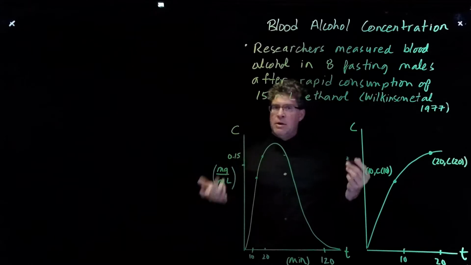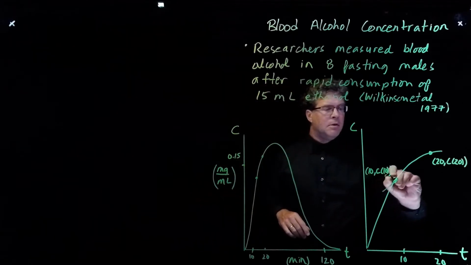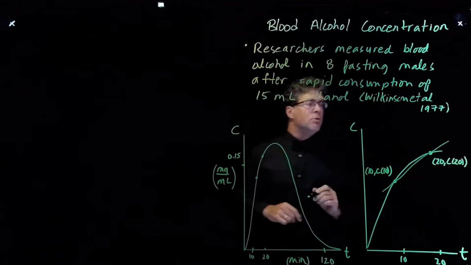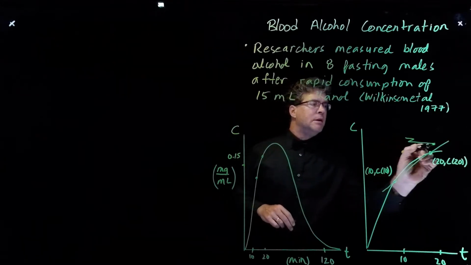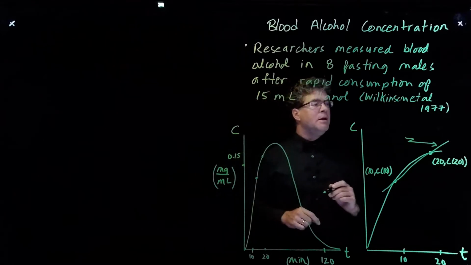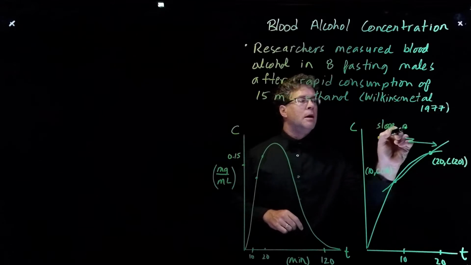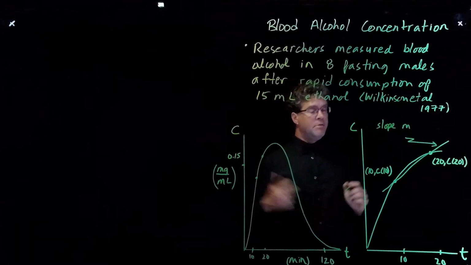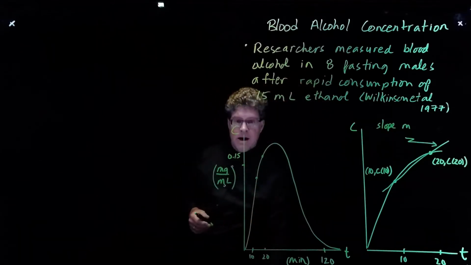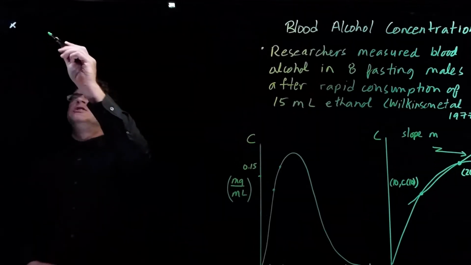And if we wanted to know how quickly they were increasing, we'd draw a secant line through the points (10, C10) and (20, C20). And then we'd look at the slope, m, of the secant line. So let's go ahead and write that up. This would be the average rate of change over the interval.